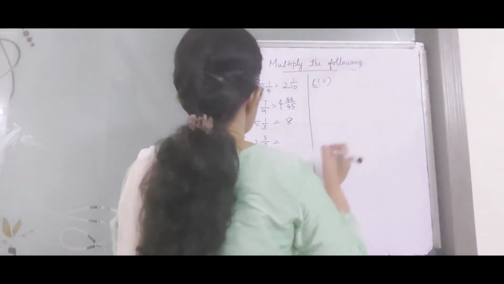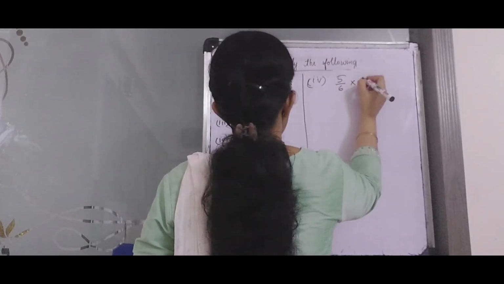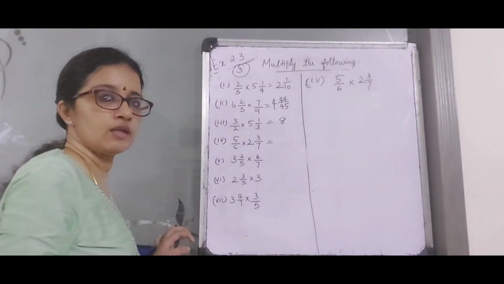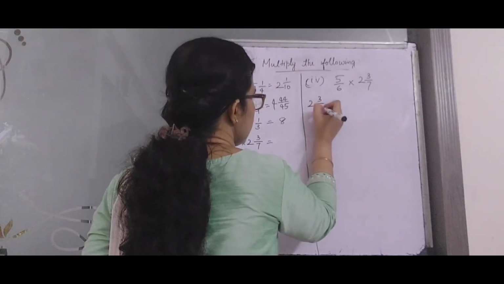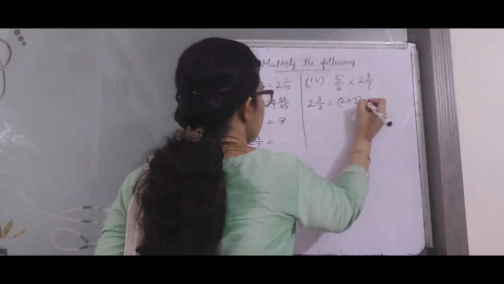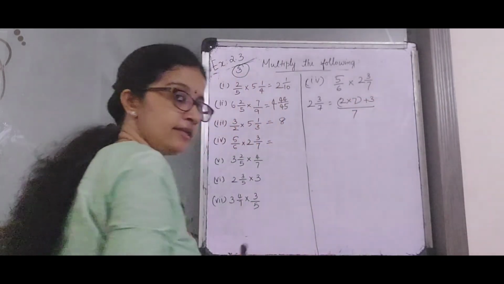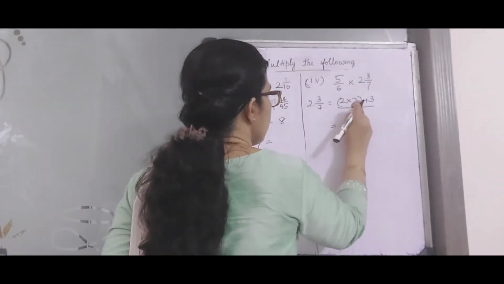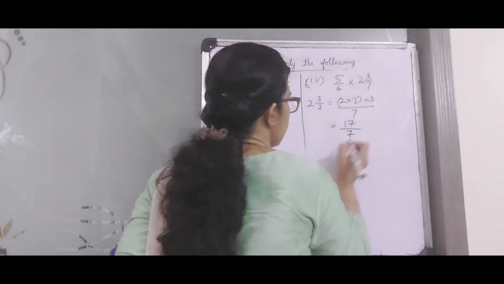Fourth question is 5 by 6 into 2 3 by 7. Okay. Now this can be written as 2 3 by 7 is equal to 2 into 7 plus 3 divided by 7. Right. So this can be written as 2 into 7 is 14. 14 plus 3 is 17. 17 by 7.